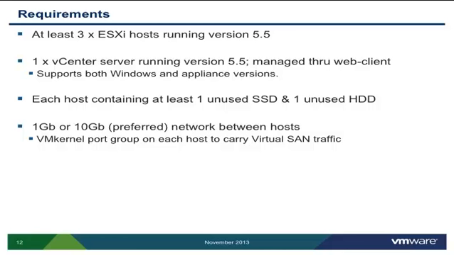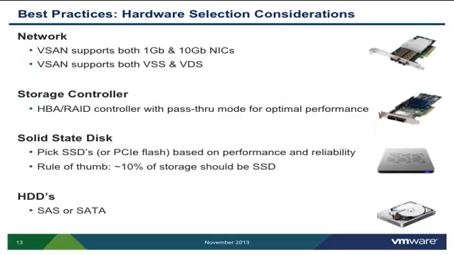So very good. I know we only have 45 minutes, and I do want to show you a demo as well. So what have we got here? Basically, network: go with 10 gig if you can. We will support standalone switches, but if you go with the VDS, you get network I/O control, quality of service. Storage controllers, we continue to work with a lot of storage controller vendors.